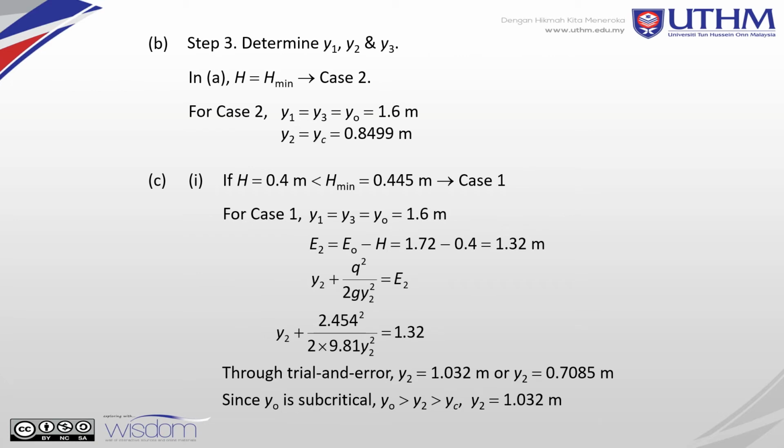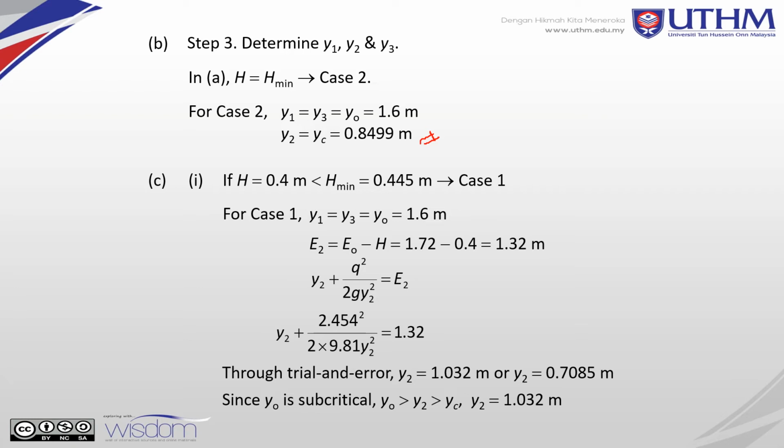Okay, for the B, step 3, determine Y1, Y2 and Y3. So in A, we know that H is equal to H minimum, it is case 2. So you use Y1 is equal to Y3 is equal to Y0 0.6 meter and Y2 is equal to YC 0.8499 meter. Okay, for the C, use in this one is case 1.